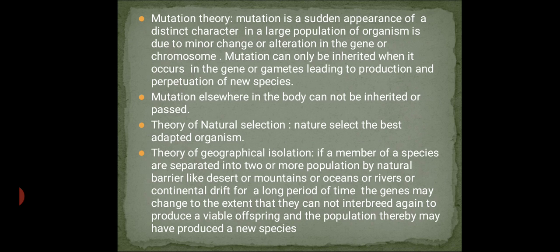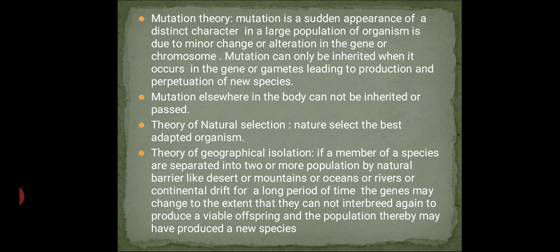Now, what is mutation theory talking about? What is mutation? Mutation is a sudden appearance of a distinct characteristic in a large population of an organism, which is due to minor change or alteration in the gene or chromosome.